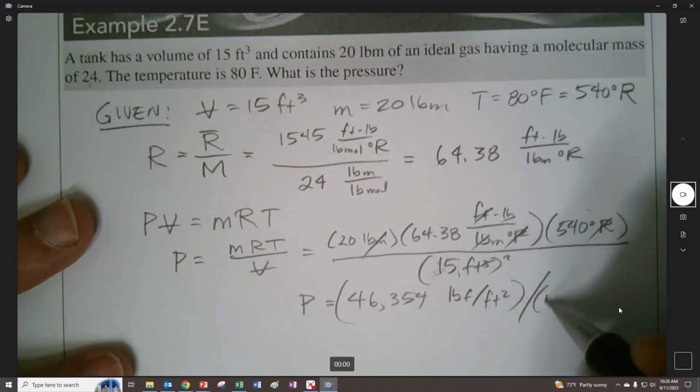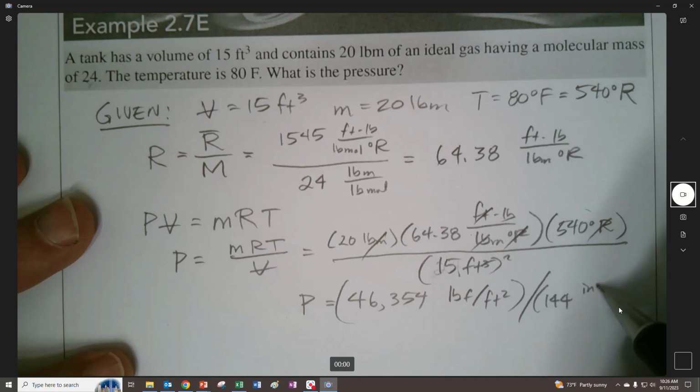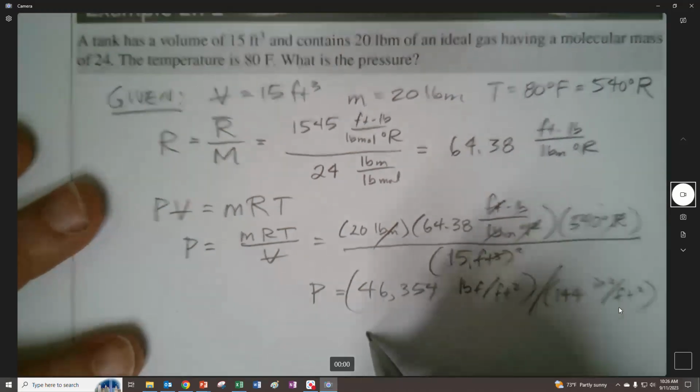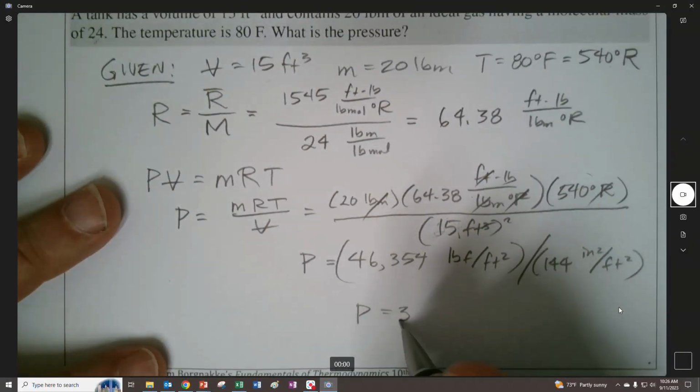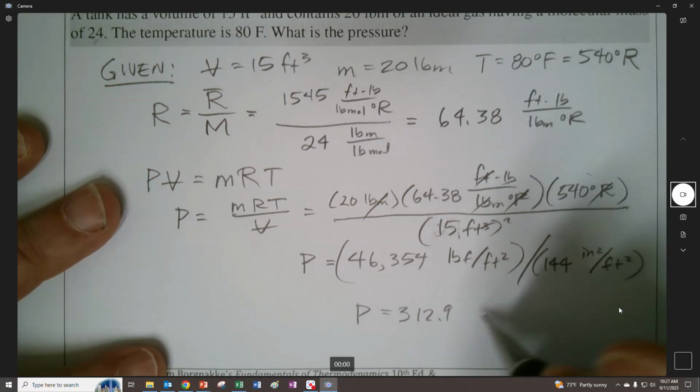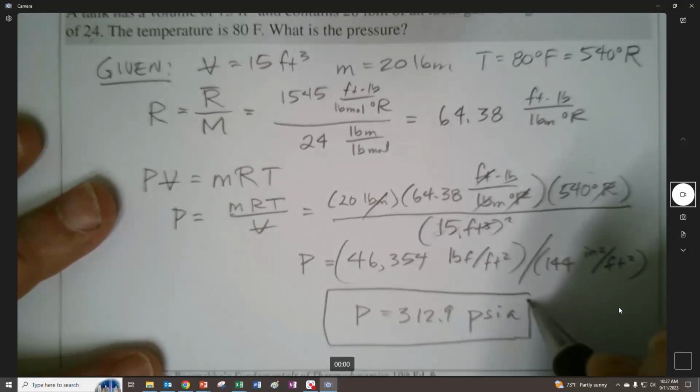Let's divide by 144 inches squared per foot squared, 12 by 12, right? So we get a pressure equal to 312.9 psi, and this is absolute, so we call it psia.